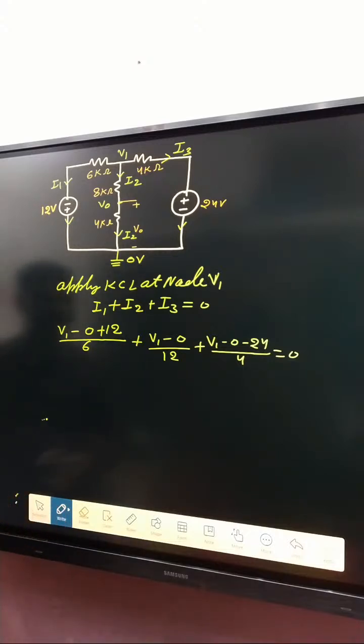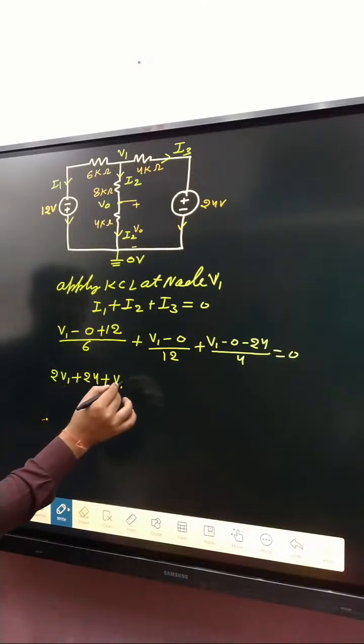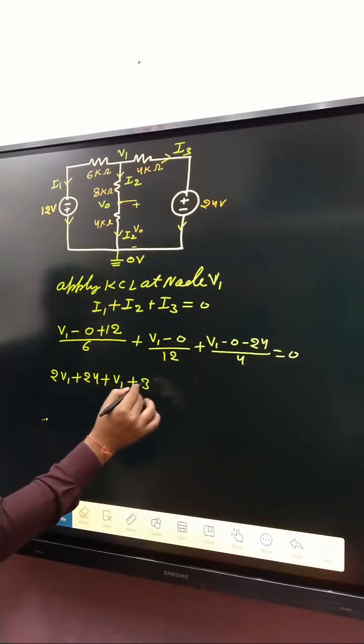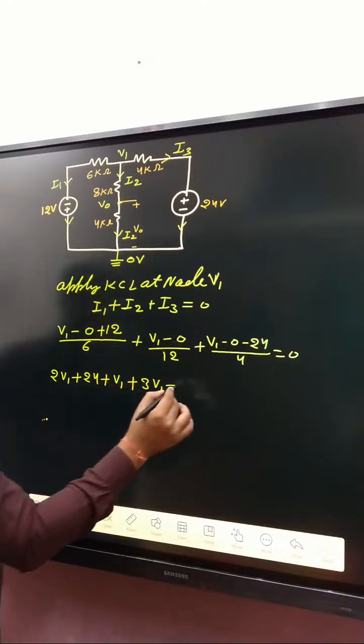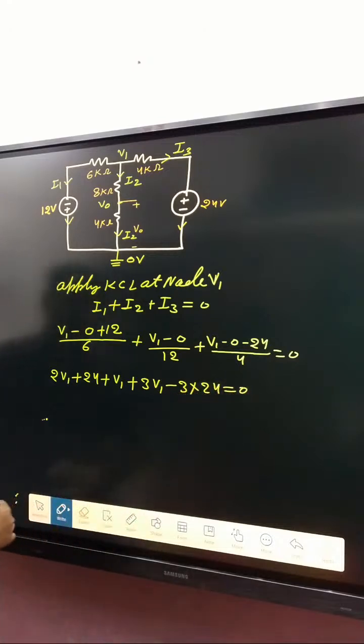After that, take the LCM, that is 12. Multiplying by 12, we get 2V1 plus 24 plus V1 plus 3V1 minus 3 into 24 is equal to 0.